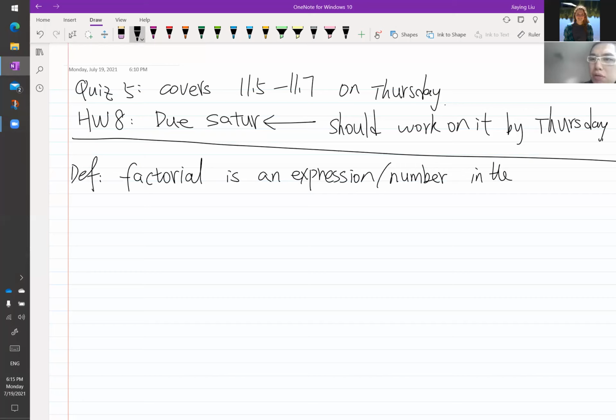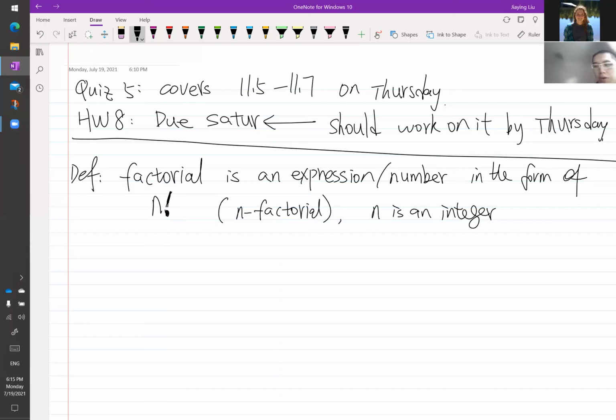In the form of n with an exclamation mark. So that's called n factorial. The n is an integer.